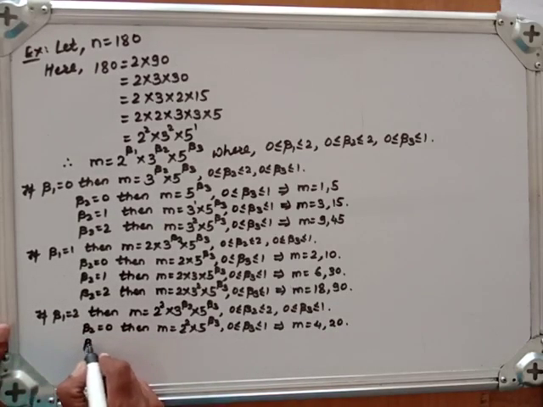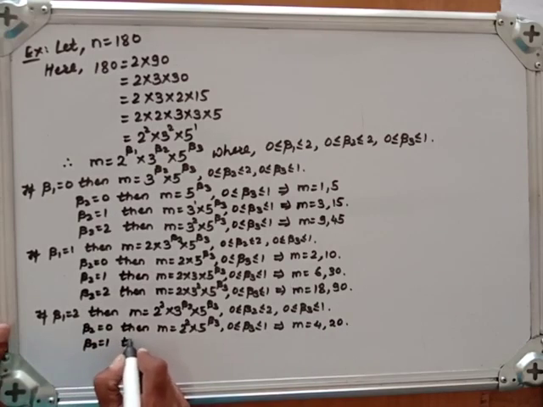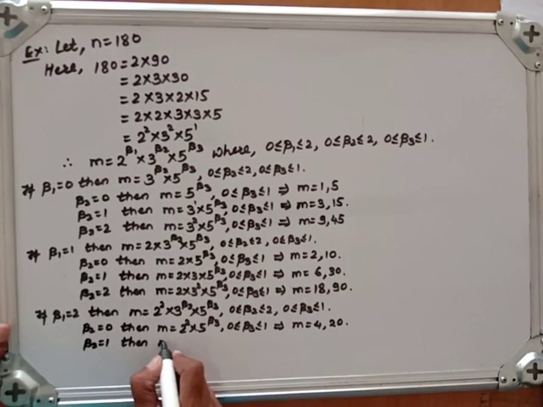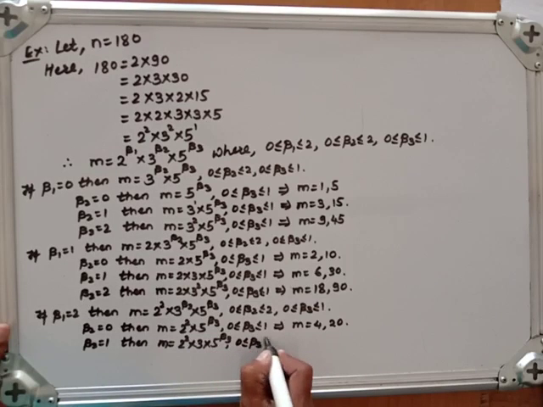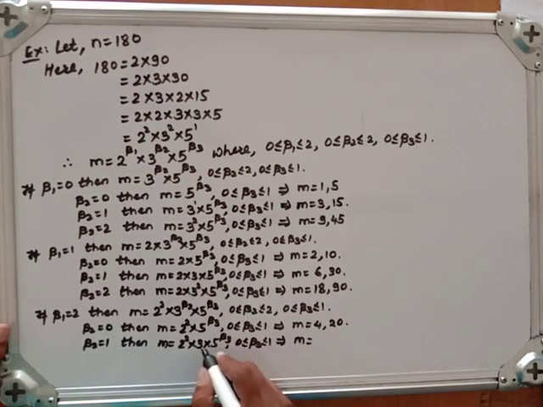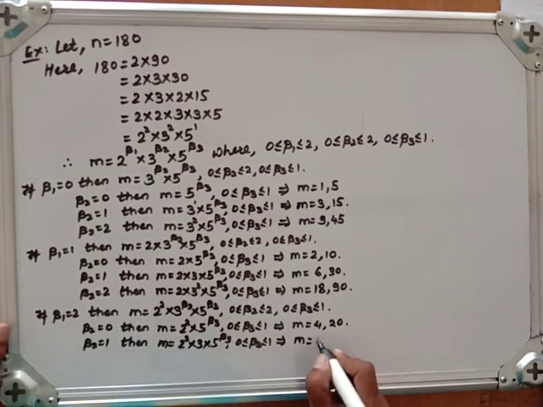Then beta 2 is equal to 1. Then m equals 2 square into 3 into 5 raised to beta 3, with 0 ≤ beta 3 ≤ 1. So m is equal to 12 and 60.